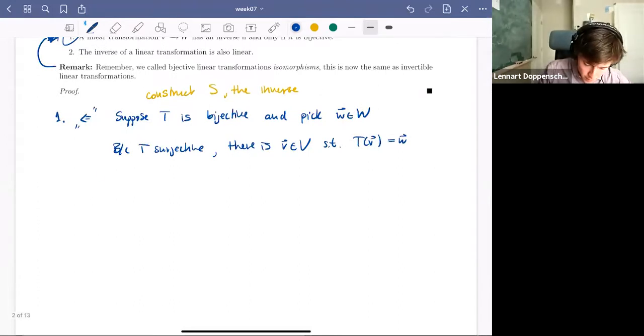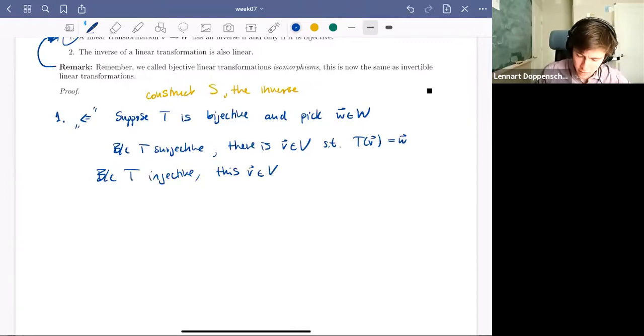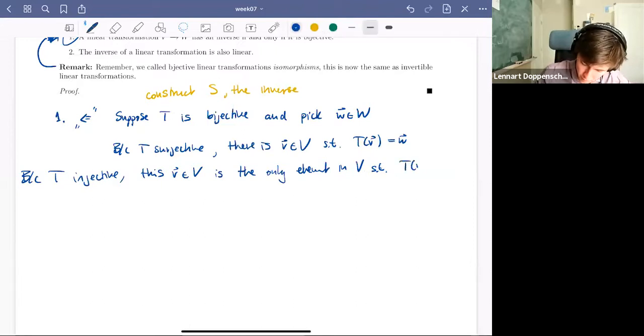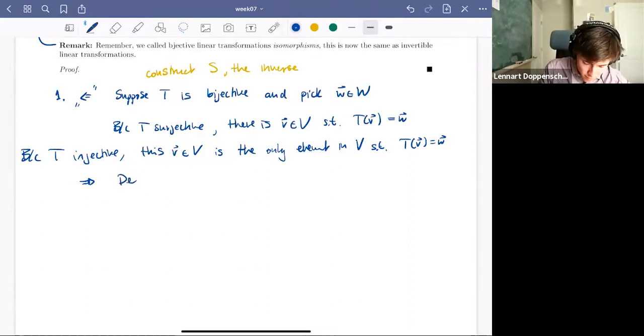And then because T is also injective, the same V that we just found is the only element in V such that it maps to W. So W was arbitrary, so we can play this game for every W in the target space. And so we define S of W to be V.